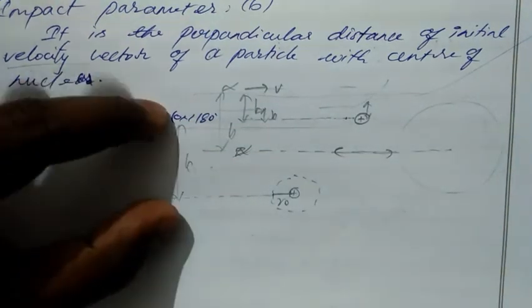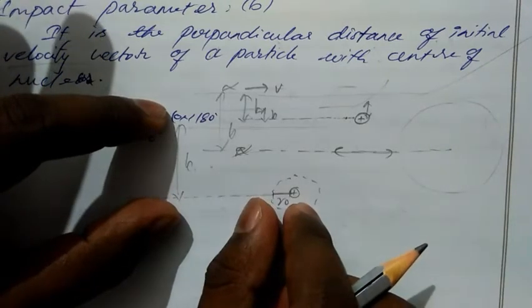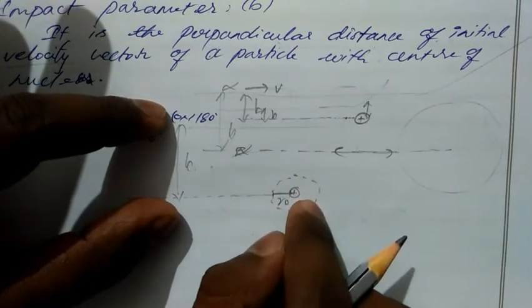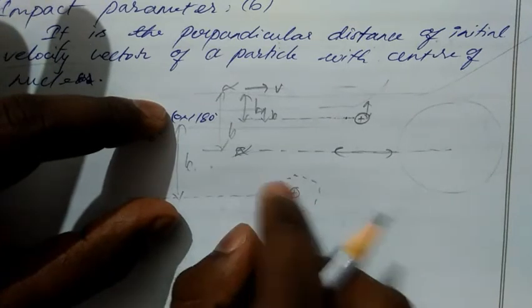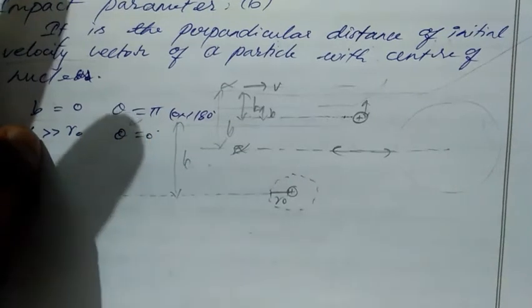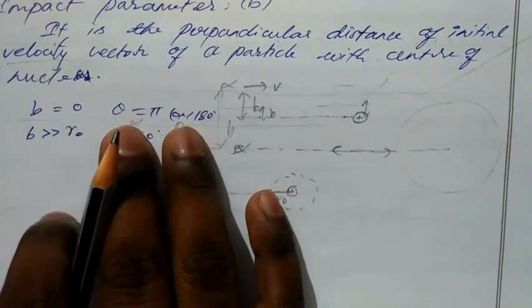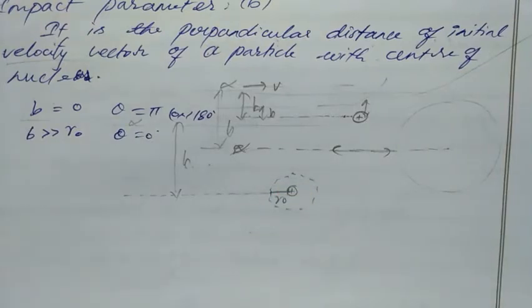B is very large compared with r0, so the electric field cannot provide a force to deflect the alpha particle. It moves in a straight line.